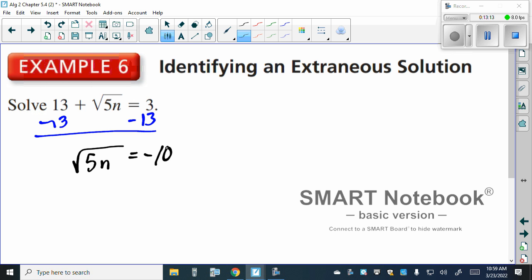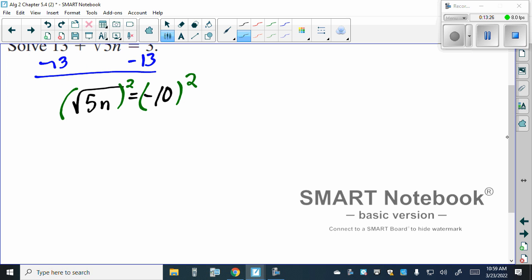We can square both sides, yes? Something a little funny about that. We'll come back to it. If I square both sides, the square root of 5n squared is 5n, and that equals 100. And lastly, to solve for n, we would divide both sides by 5. N equals 20, yes?